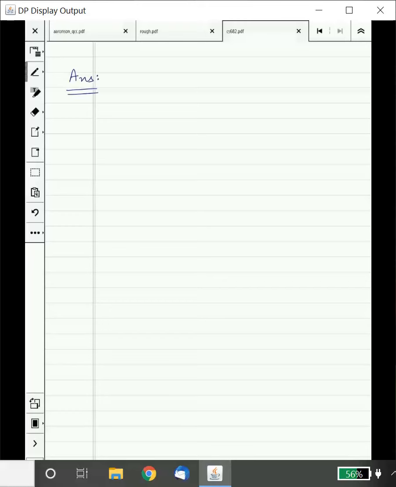Notice for 0, 0, it gave me 0. On 0, 1, it gave me 1. On 1, 0, it gave me 1. And on 1, 1, it gave me 0. If you notice carefully, this is a gate which you have seen. This is called XOR or exclusive OR.